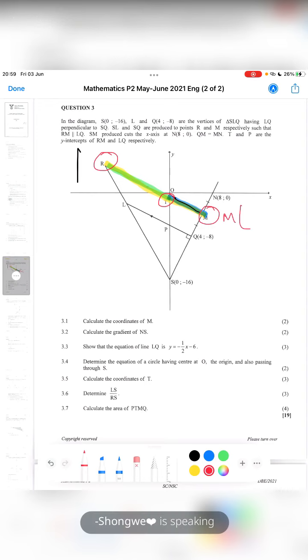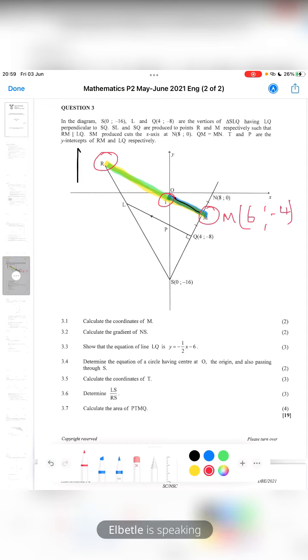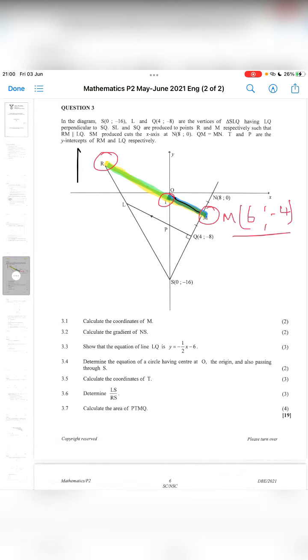It's 6 and -4. Oh, yes. So if we have the coordinates of M, can you see we can use that point to determine an equation of that straight line. So let's see. You're saying it's 6 and -4.